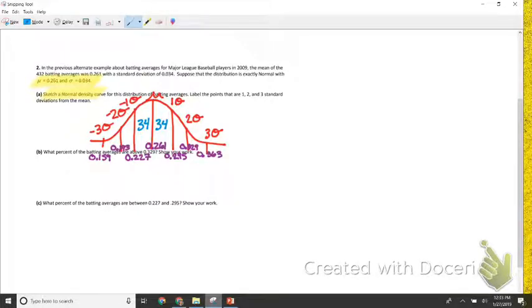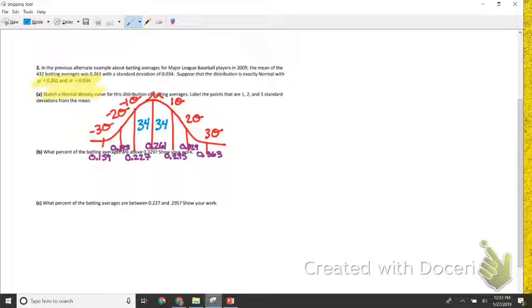So far we've accounted for 68% of our data. Within 2 standard deviations of the data, we know that that accounts for about 95% of the data. So if we do 95 minus 68, that means we've still got another 27% of the data that would fall in between 1 and 2 standard deviations. Half of it's to the left and half of it's to the right.